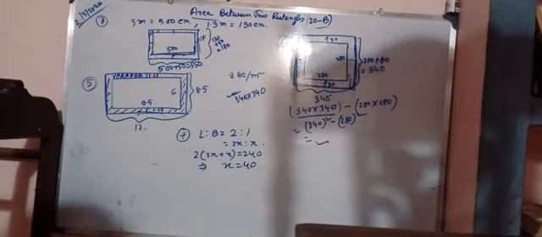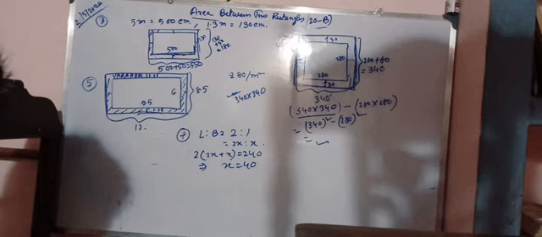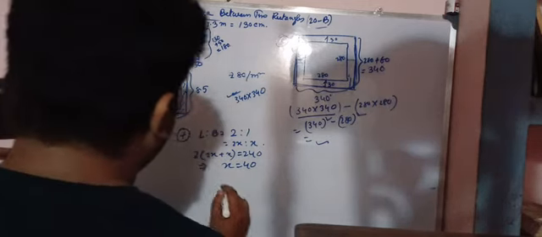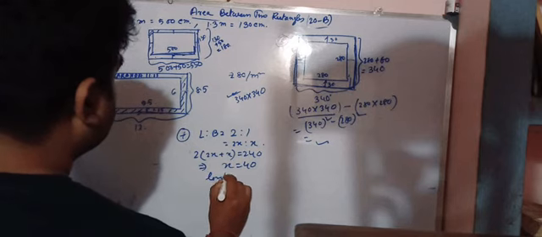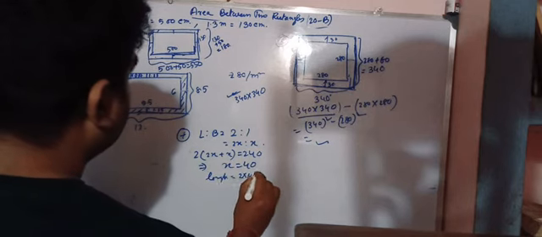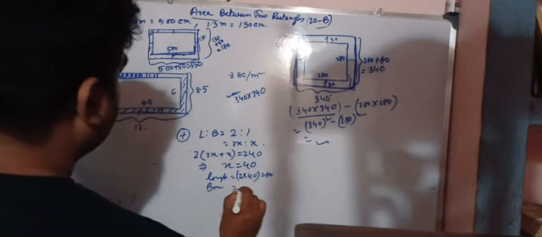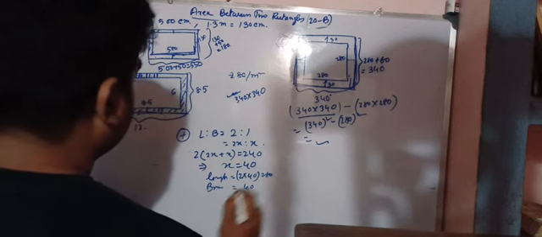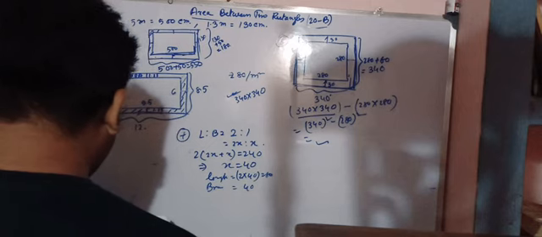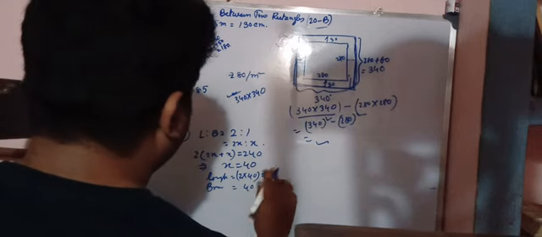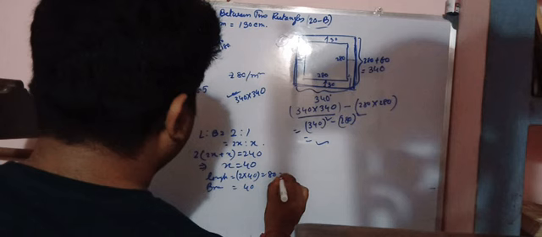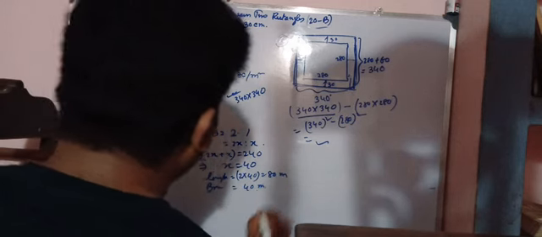Now my dimension is, length is equal to 2 into 40, means 80, breadth is equal to 40. All are in meter. This is 80 meter and 40 meter.